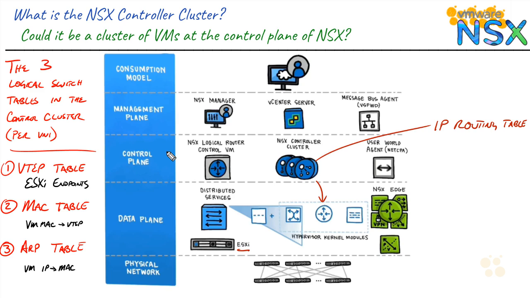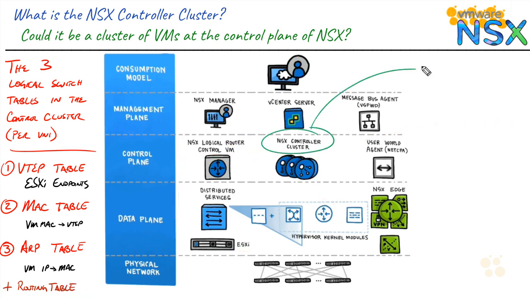Now sometimes that can be confusing because we also have this router control VM, but the router control VM is just a central point of connection for external OSPF and BGP communication in order to be able to route out of our virtualized environment into the physical environment that's already been defined. So really a total of 4 main tables: the VTEP, MAC table, ARP table, and IP routing table.